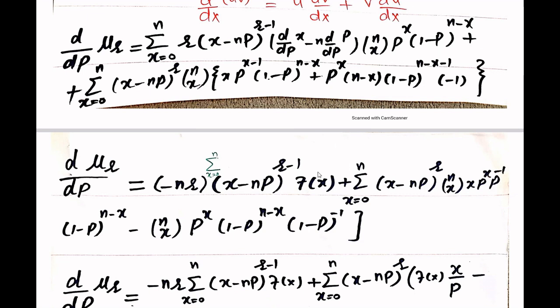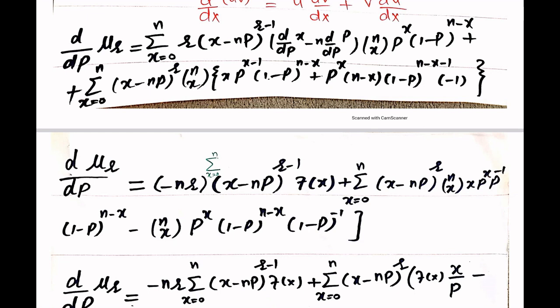This is equal to f of x, plus sum x is equal to 0 to n, x minus np power r, ncx, x p power x minus 1, (1 minus p) power n minus x, minus ncx, multiplied to both of these terms.